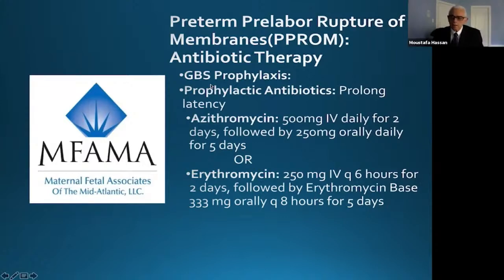In extreme cases, you might have to use vancomycin. Otherwise, you use azithromycin, also known as Zithromax, at a dose of 500 daily for 2 days, followed by 250 for 5 days, 1 week. Or you can use erythromycin tablets; erythromycin IV is a little more difficult because it's an IV irritant and can cause GI problems.